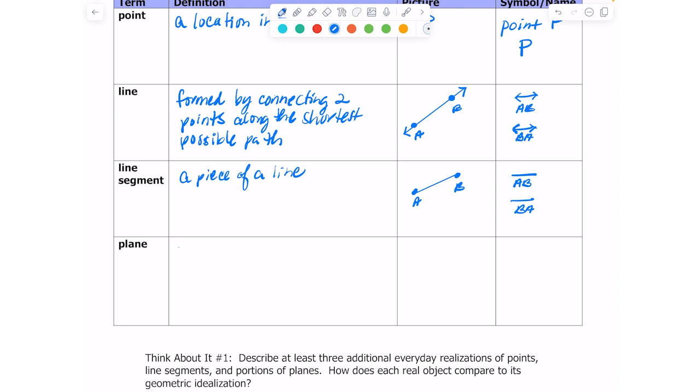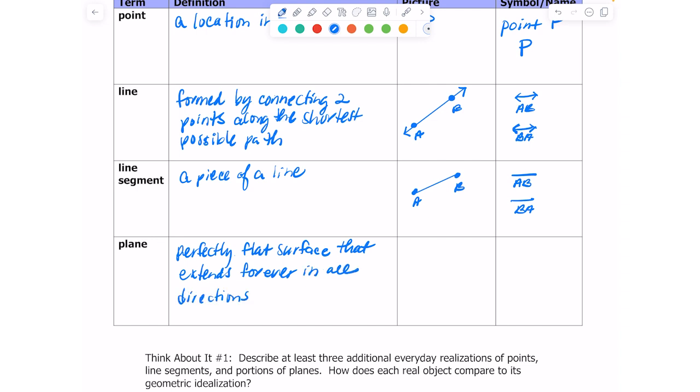And then we also have planes, and planes are just flat surfaces that extend forever in all directions. Okay, and there's no thickness to a plane.